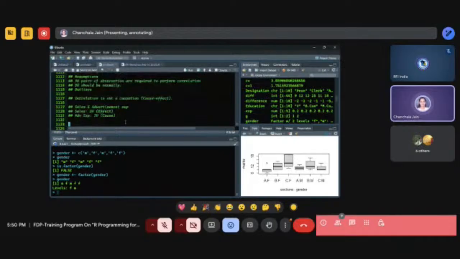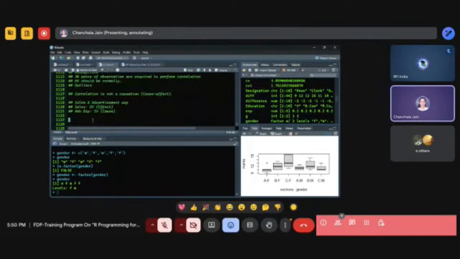Now to perform this, suppose we are creating one vector for sales. Some figures I am taking here.